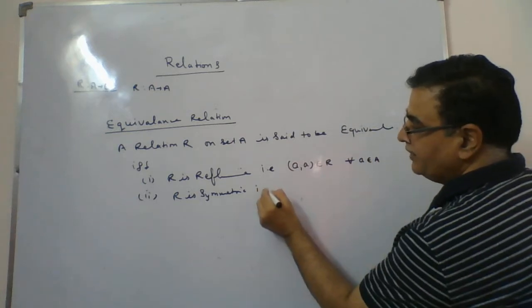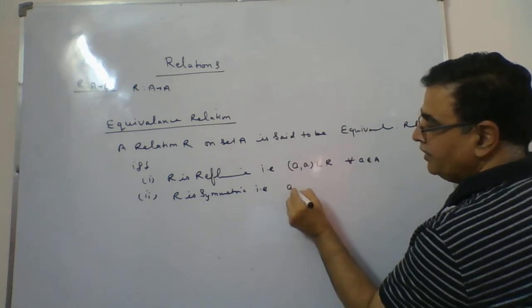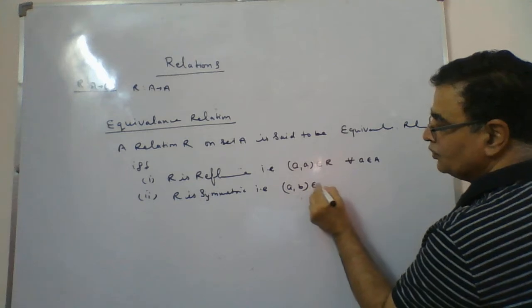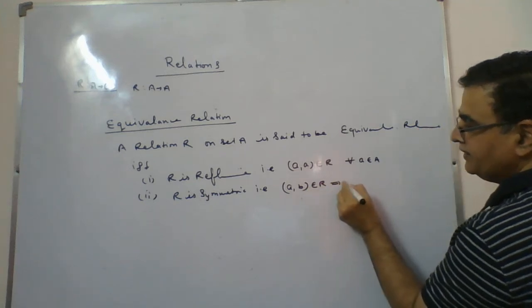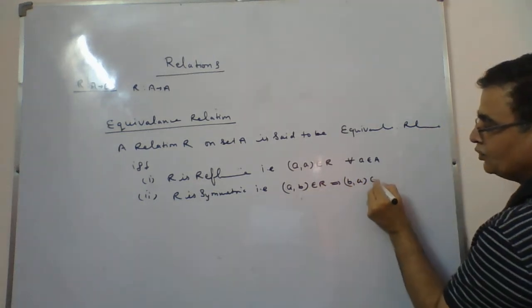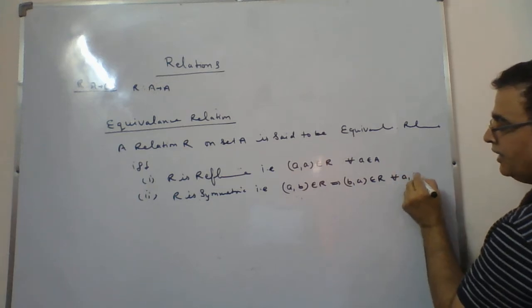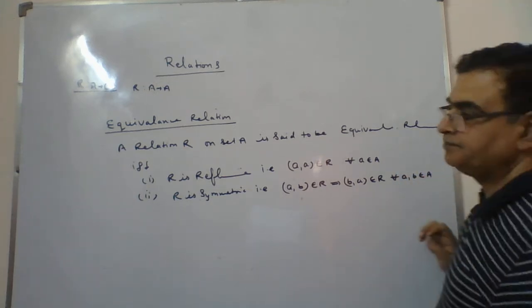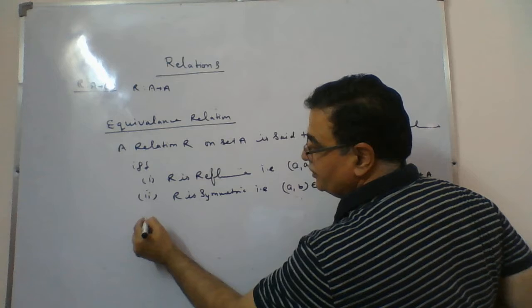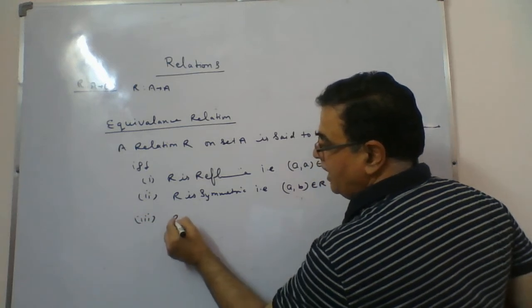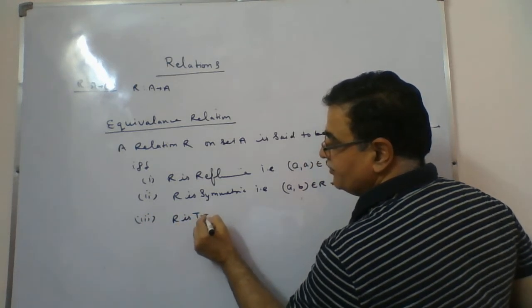R is symmetric. That is the condition I should have: (a, b) belongs to R implies (b, a) belongs to R for all a and b belonging to A. And the third condition is R is transitive.